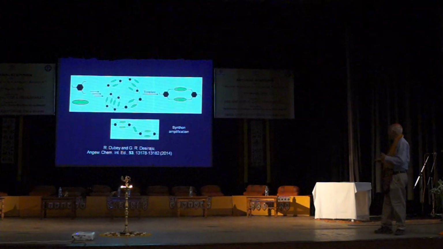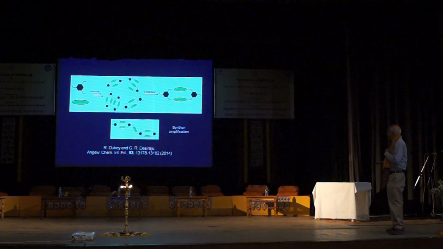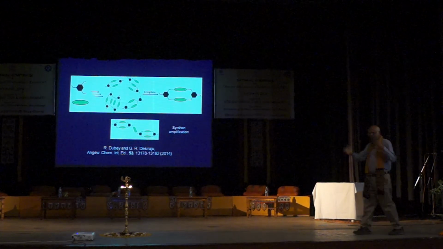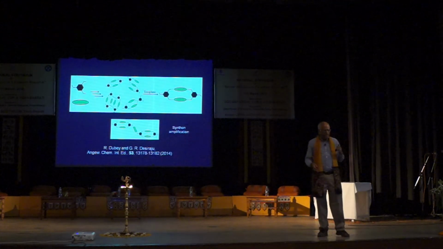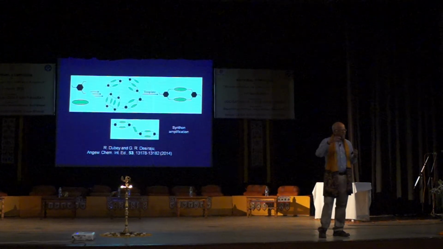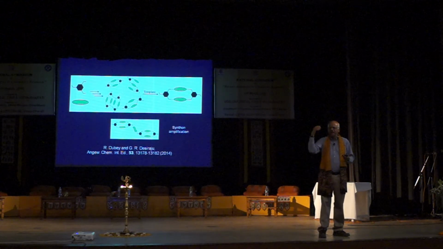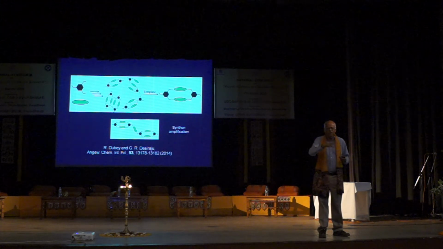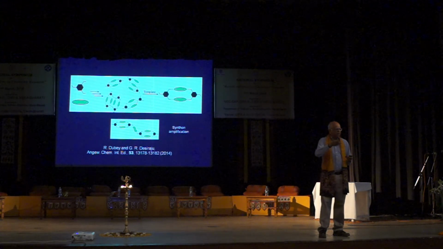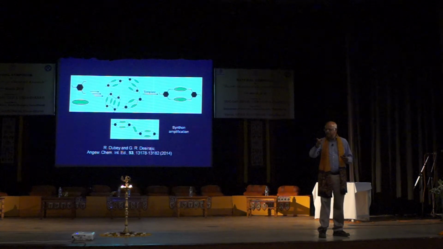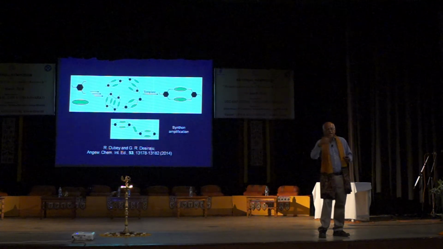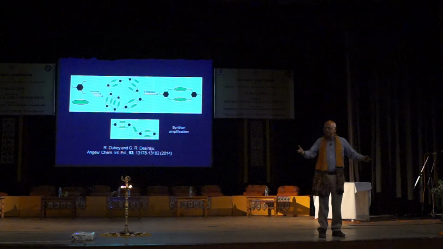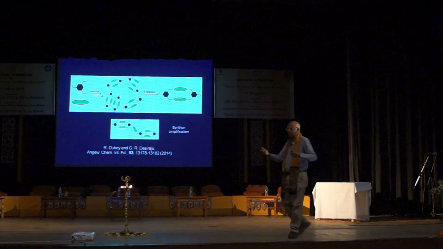Combinatorial library of synthons. This is another student of mine, Ritesh. I told you lots of synthons exist in solution, and there's another way of making multi-component crystals. The earlier methods I have told you are smart methods of making a crystal. This is a smart selection from a large number of synthons which are potentially hanging around in solution.